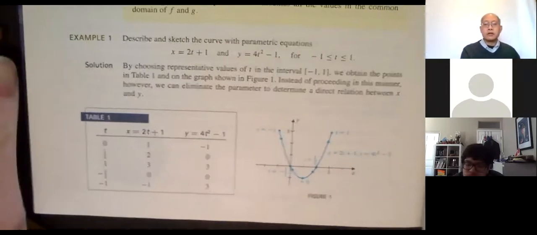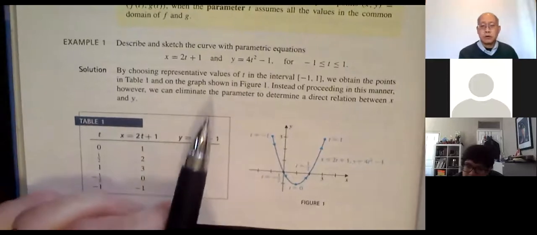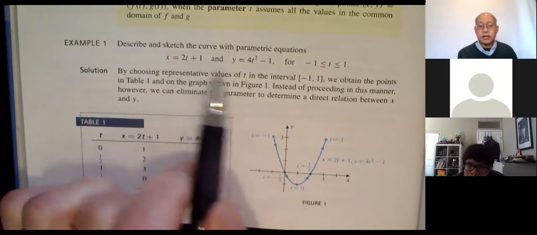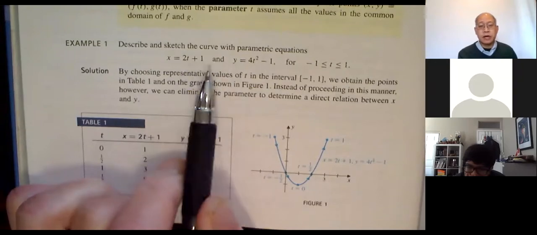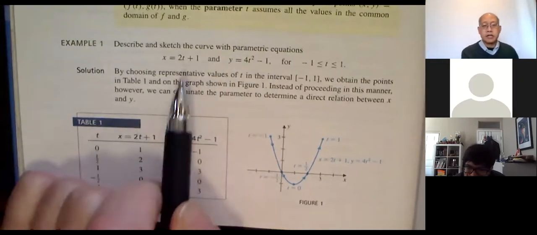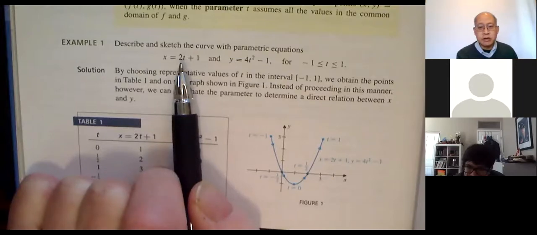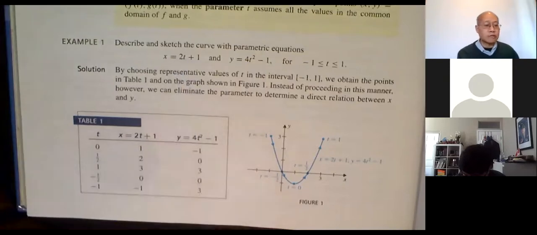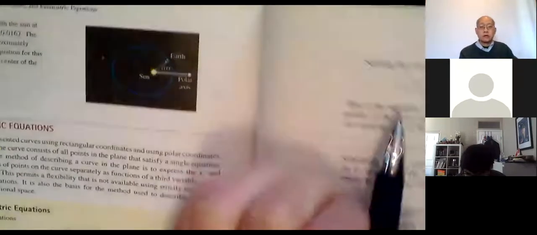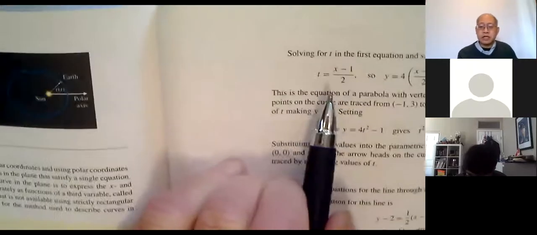Now, quite often, you can solve for t and then eliminate the t to just get something that we're used to, x and y. So for instance, a little bit of algebra can convince you that t is equal to x minus 1 divided by 2. If you isolate the t here, subtract 1 divided by 2. So you can get t equals x minus 1 over 2.